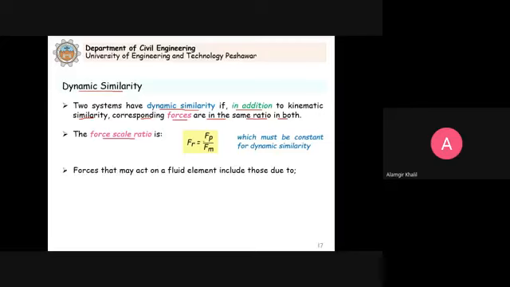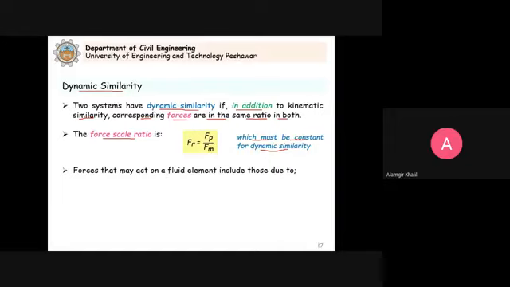Now these are the forces which must be constant for dynamic similarity. It means that the forces acting in the model and the prototype must be in this ratio, and it must be constant for dynamic similarity.